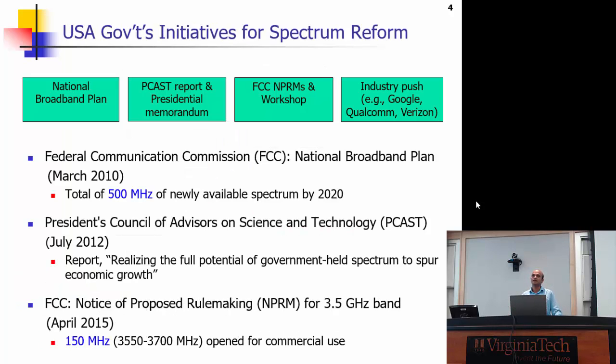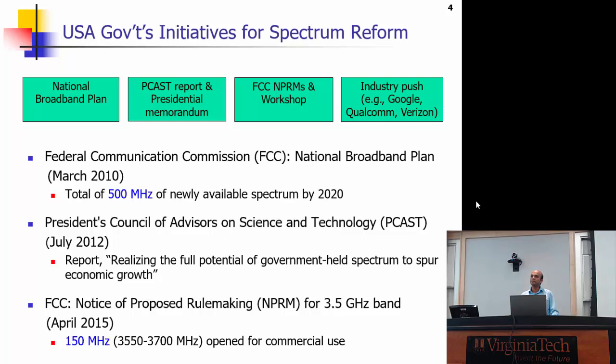When we consider the second scenario, where federal users are sharing spectrum with commercial users, the USA government has taken many steps in enabling it. A few of those steps are here. The most important first step was in March 2010, when the FCC came up with the national broadband plan to open up 500 megahertz of band.